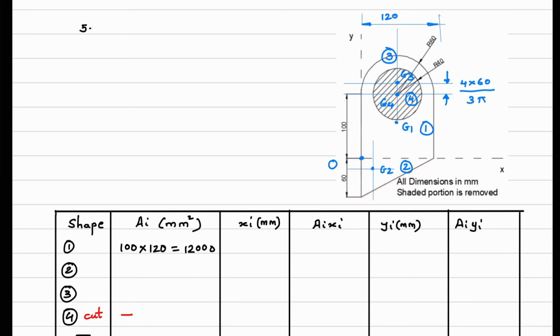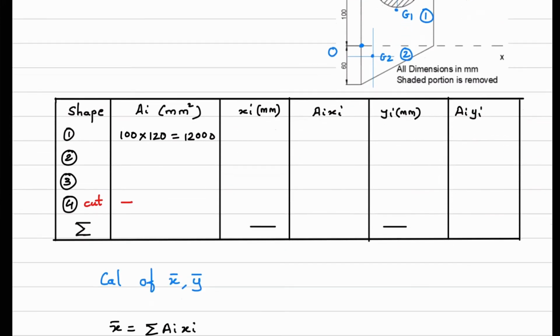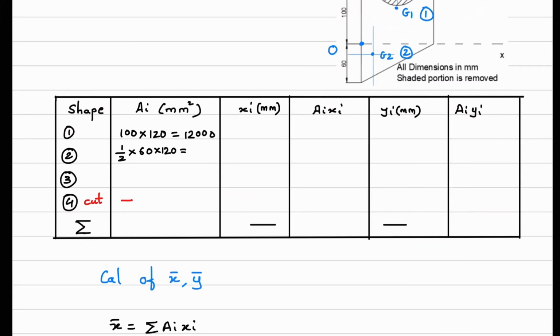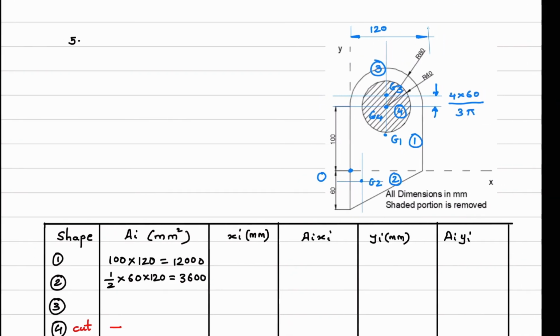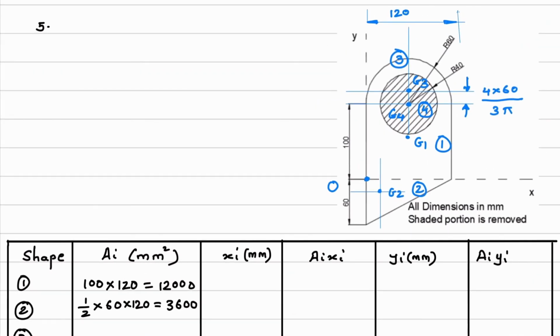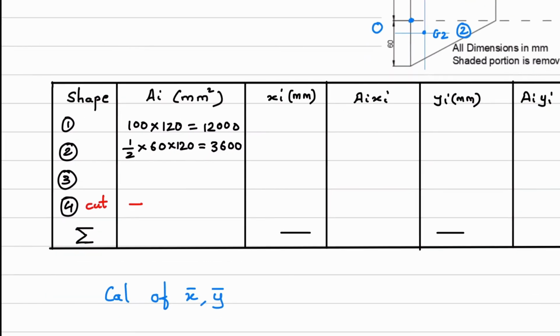Half into 60 into 120. Third geometry, this semicircle, what will be the area of this semicircle? Radius is shown over here, no? It is 60. So pi r square by 2, pi into 60 square by 2.